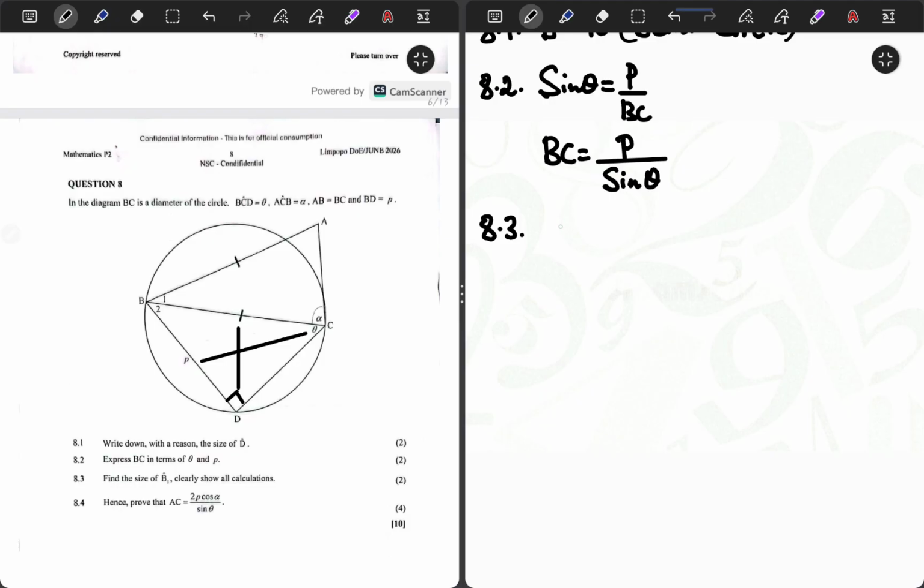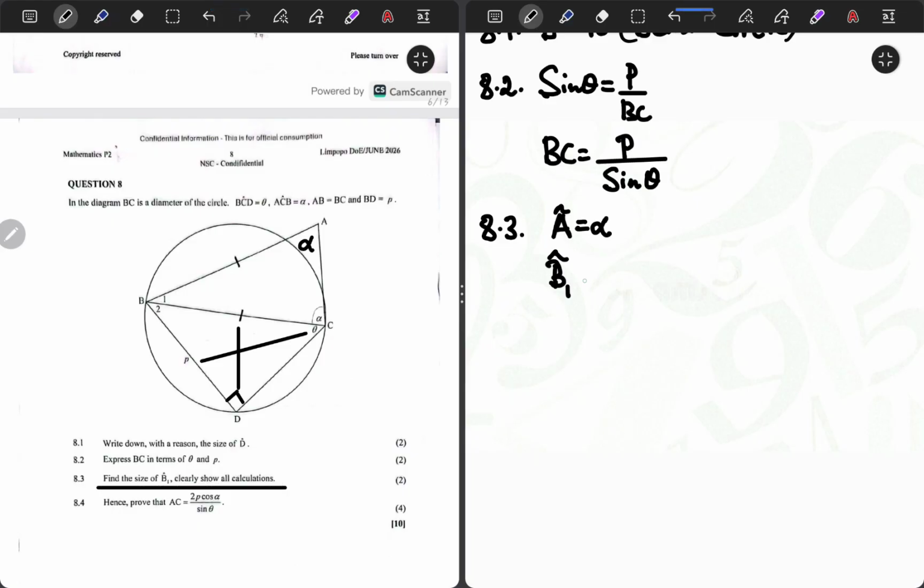So what we can do firstly here, we'll say angle A will be alpha. Reason being, opposite angles equal sides. So this one will also be alpha. For B1, no need to provide the reason. You can see the question here.